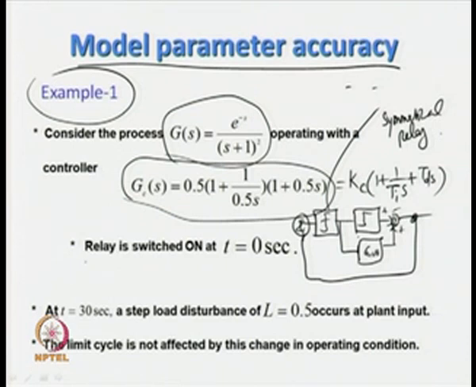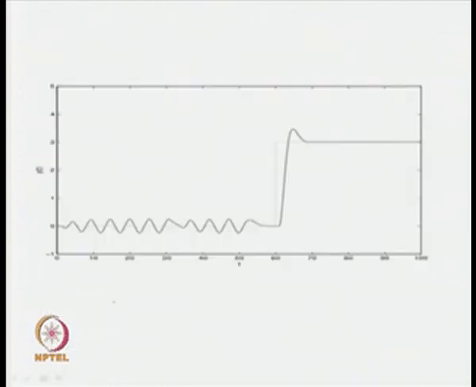When the relay is switched on at time t equal to 0 second, since I am using a stable process, definitely the limit cycle output will be obtained. Then what sort of limit cycle output is expected? You see the type of output we get when the relay experiment is conducted. This is the output we get initially when the relay is switched on at time t equal to 0.